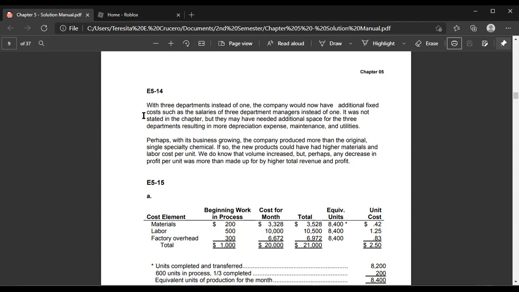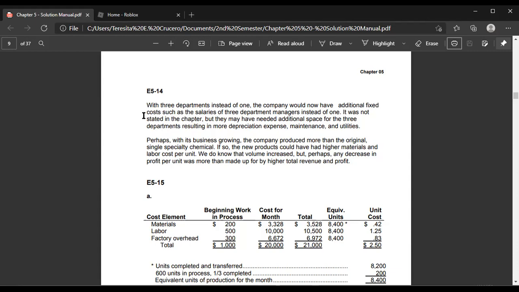Perhaps with its business growing, the company produced more than the original single specialty chemical. If so, the new products could have had higher materials and labor costs per unit. We do know that volume increased, but perhaps any decrease in profit per unit was more than made up for by higher total revenue and profit.